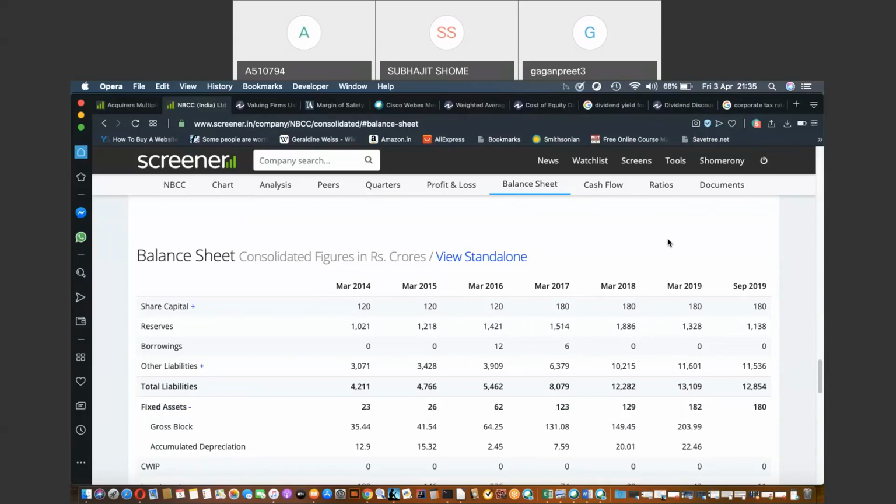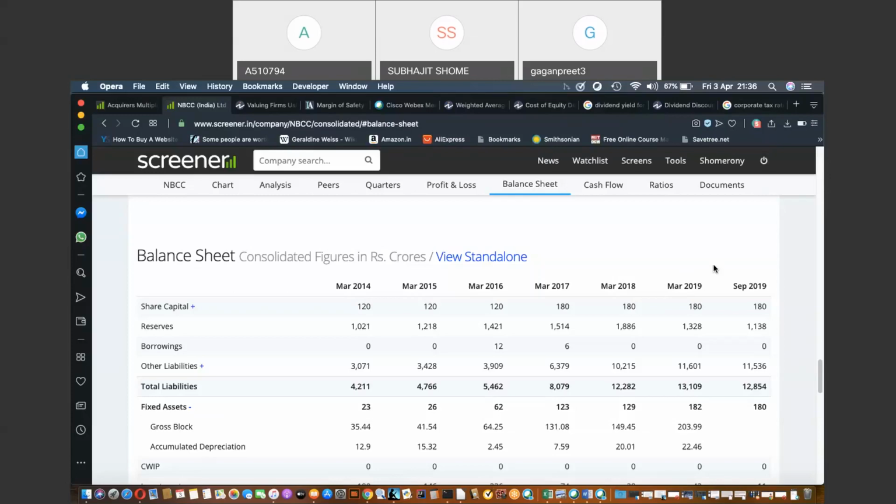EBIT into 1 minus taxation came out as 459.75. So 459 plus 6 is 465, depreciation. And then capex. Here we have 2 depreciation. In the second scenario we have taken accumulated depreciation, in the first scenario the depreciation.